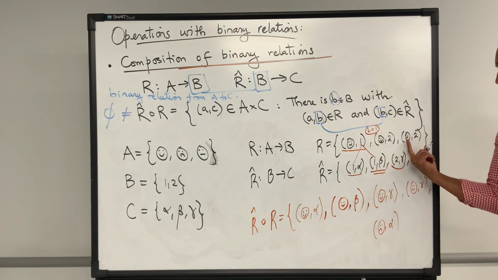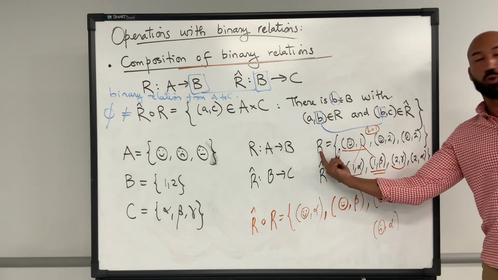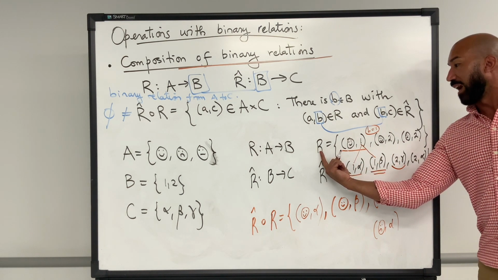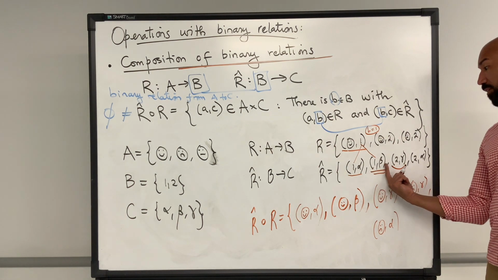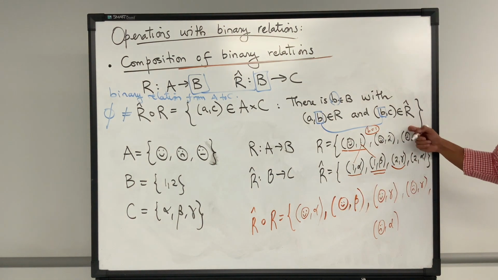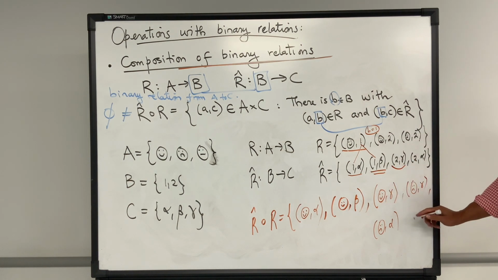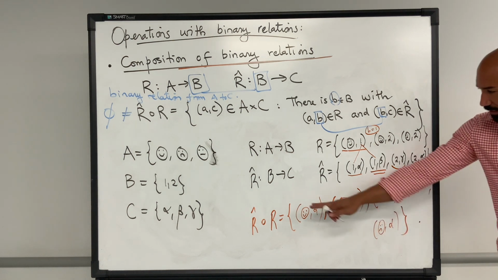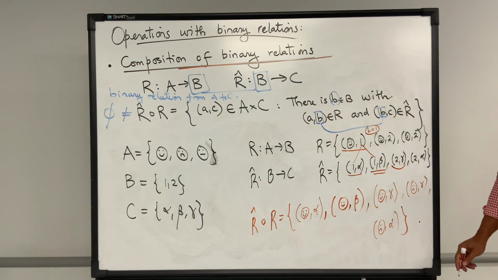And 1 is not the second component for any pair having sad face as the first component. So sad face is not related to 1 according to R, and 1 is the only element related to beta according to R hat. So there is no link between sad face and beta. So sad face is not related to beta in the composite binary relation. Is that good? So this is gonna be all pairs in the composite binary relation.